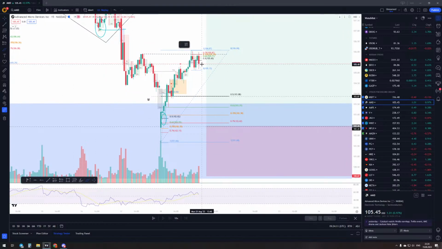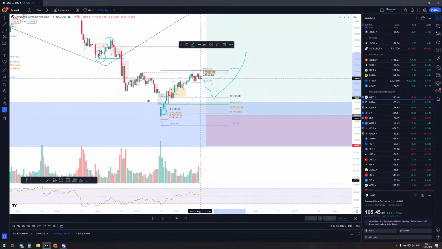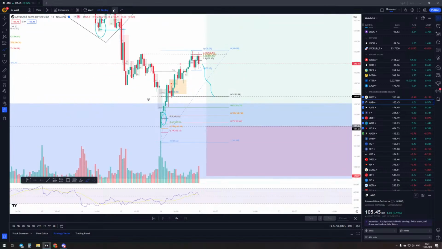I'm expecting us to go a bit lower and grab some liquidity from this area, and go up higher. I don't want us to go straight up, because it will be building liquidity for the next nuke down, which is not that great in my opinion.